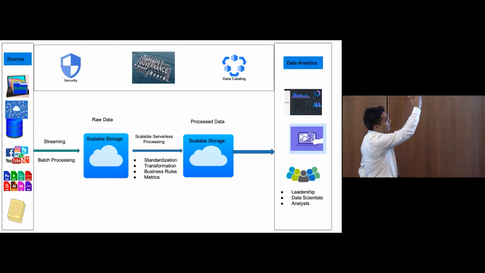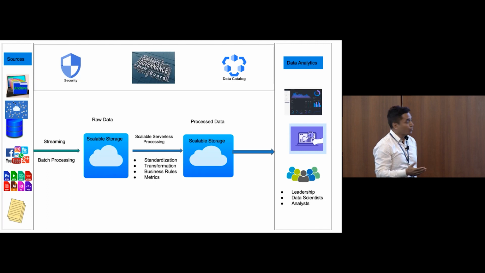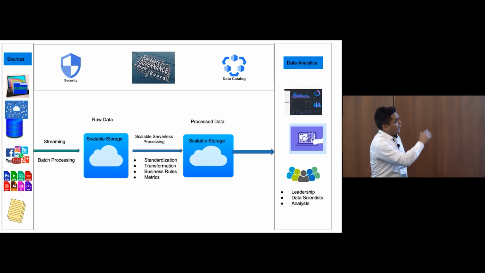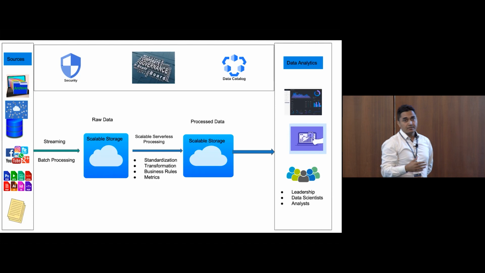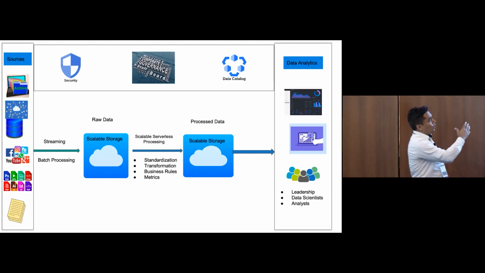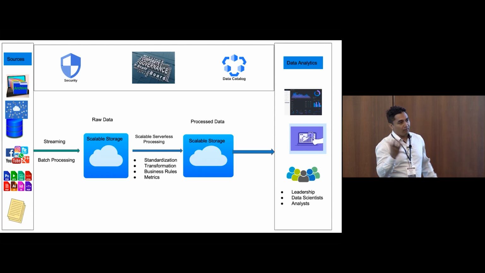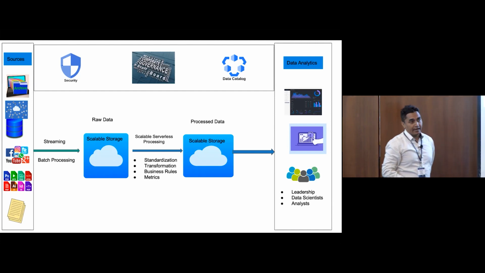We get data from a variety of sources, be it in batch mode or in streaming mode, and we get that in a raw format in the ingestion layer. We keep it there, and then we apply some transformations, some business logic, or change the types of data. If it is a JSON format, we try to flatten it out so that it can be consumed easily by the end users.